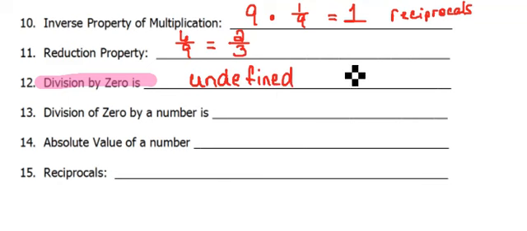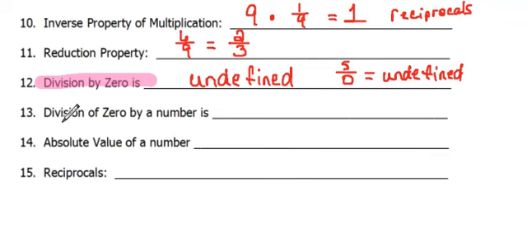So remember, now division by 0 means 0 is in the denominator. So if we were to have something like 5/0, that means 5 divided by 0. So that would be undefined each and every time. We have no idea or any way of describing how many times 0 would go into 5.